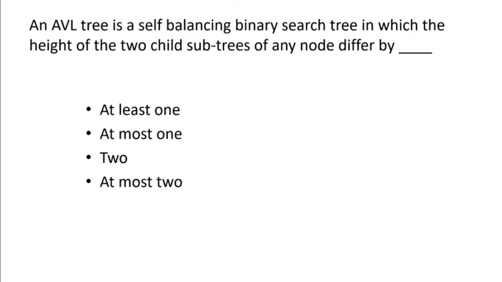At most 1. So we were talking about the balance factor being plus 1, 0 or minus 1. They are telling it's not left minus right or right minus left, but the difference. So at most 1 is the answer, right?